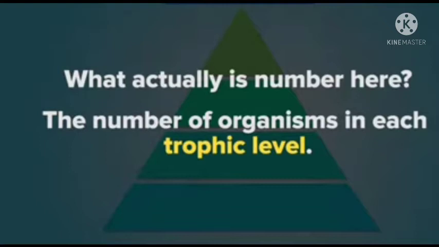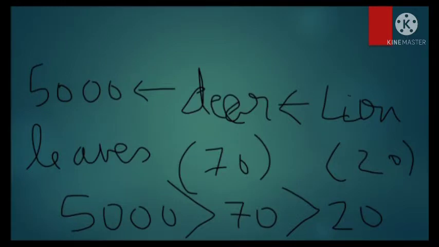How many grasses are there? Usually the grass will be more in number if I compare the number of deer and the number of grass. Suppose I am assuming that 5,000 grasses are there. Obviously the number of grass will be more than the deer. Deer will be less. Suppose deer will be 70 in number.